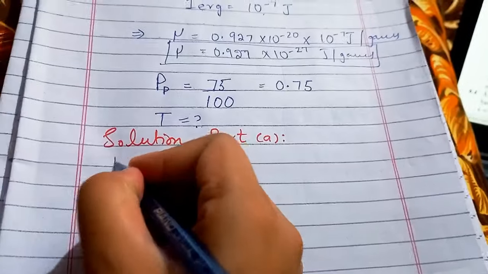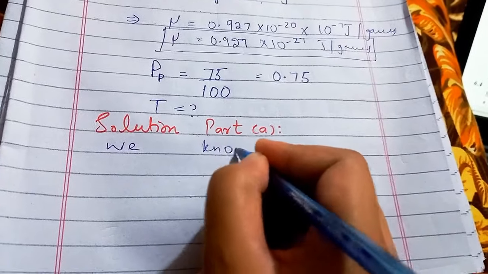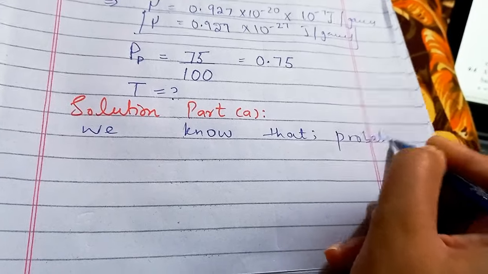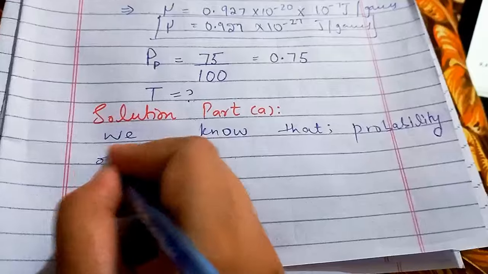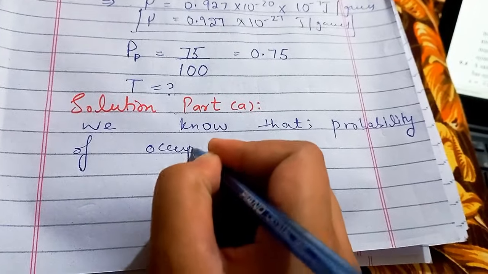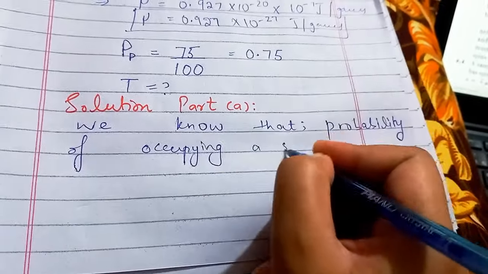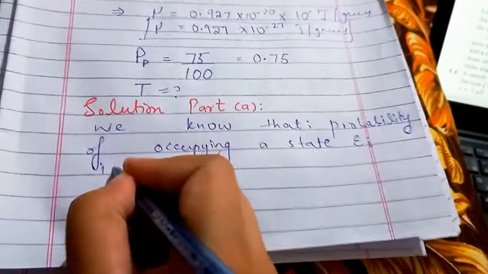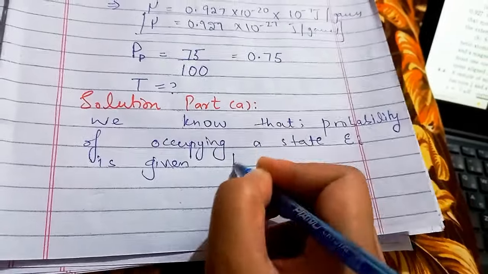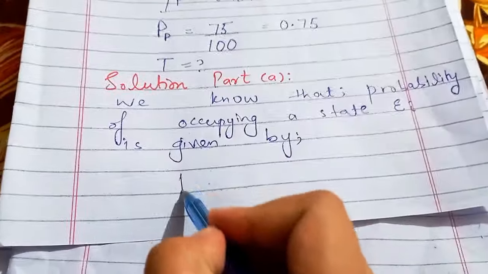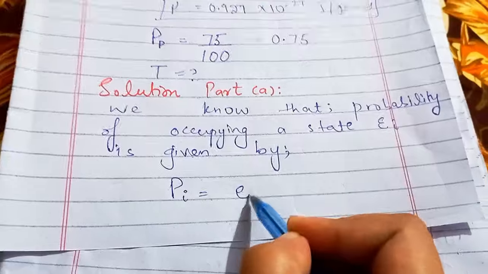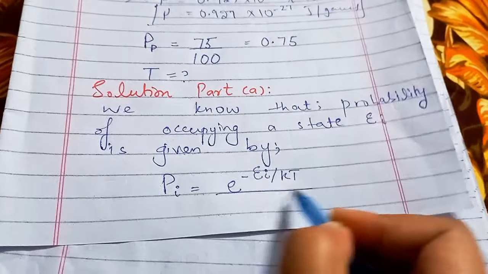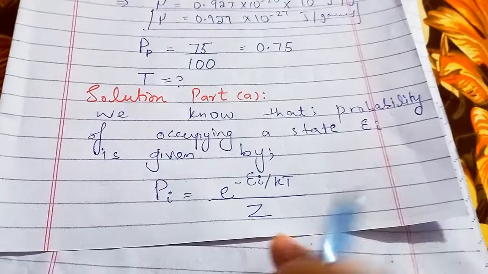We know that the probability of occupying a state Ei is given by Pi equals e to the power negative energy divided by kT, divided by the whole divided by Z, which is the partition function.